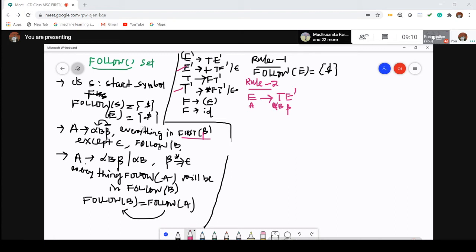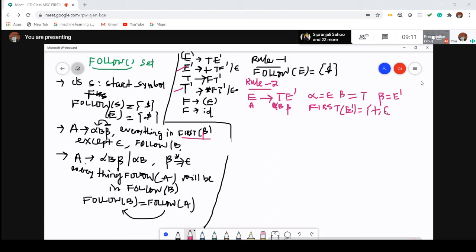B. Now here, alpha equals epsilon, B equals T, and beta equals E dash. So we have to calculate the first of E dash. First of beta means first of E dash. What is first of E dash? We have already discussed it: plus and epsilon.